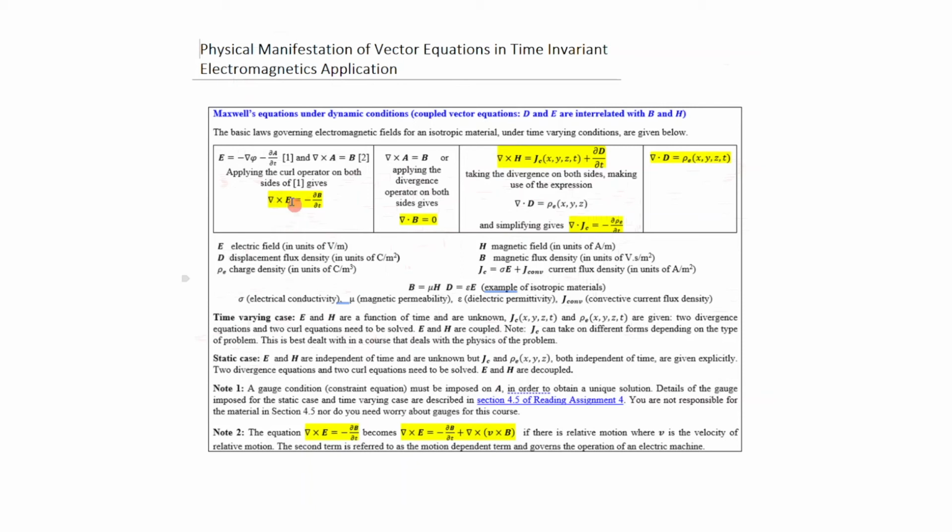So we have a curl with respect to E, and we have the divergence of D, but D can be represented in terms of E. So actually this just becomes a divergence of E and a curl of E. Alternatively, we can express E in terms of D, in which case this would be a curl of D here and a divergence of D here.